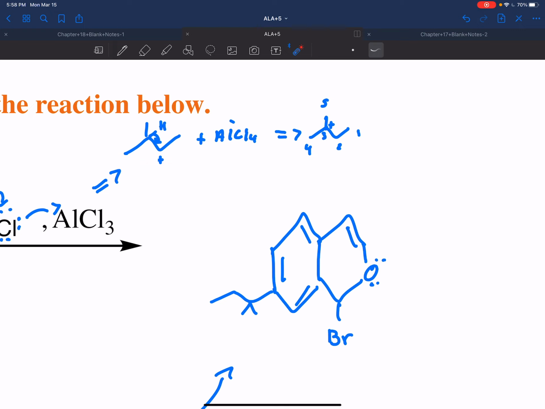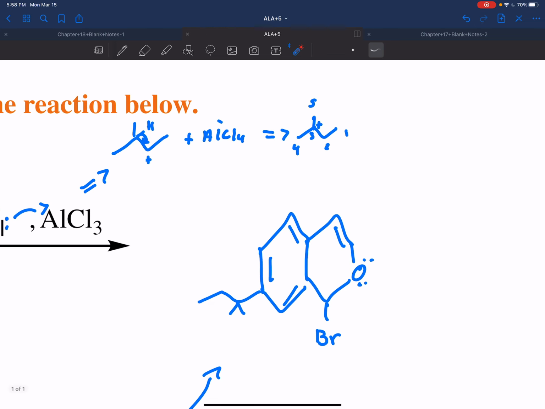I also know that carbocations want to be as stable as possible, so this will perform a 1,2 alkyl shift, meaning that this hydrogen shift will come down over here, moving this positive charge over there. Comparing this starting material with this starting material, the one on the left is secondary, while the one on the right is tertiary.